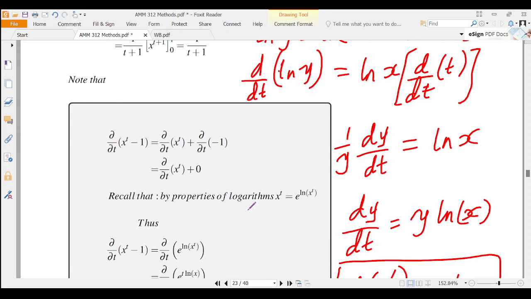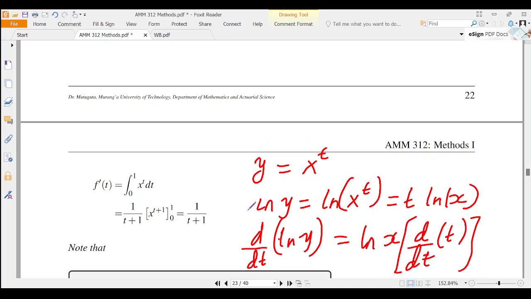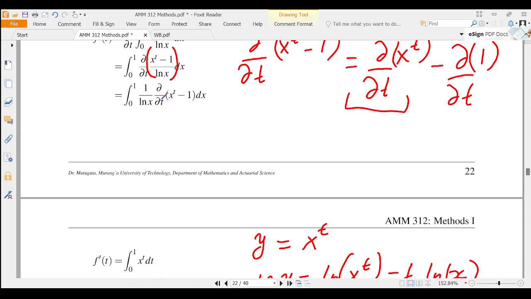So in our expression here, we are going to replace this derivative. See that this derivative we have obtained is x raised to power t times logarithm of x.